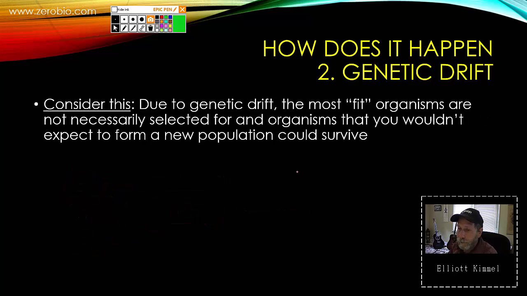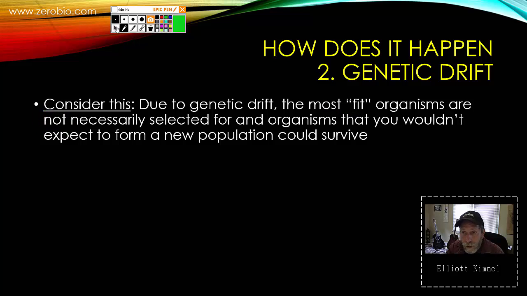Okay. Consider this, however. Due to genetic drift, the most fit organisms are not necessarily selected for. The most fit are not necessarily selected for. And that's what I just said in bottleneck. If you got some famine or disease or hunting, it's not necessarily the most fit. And it's not the most adaptive.